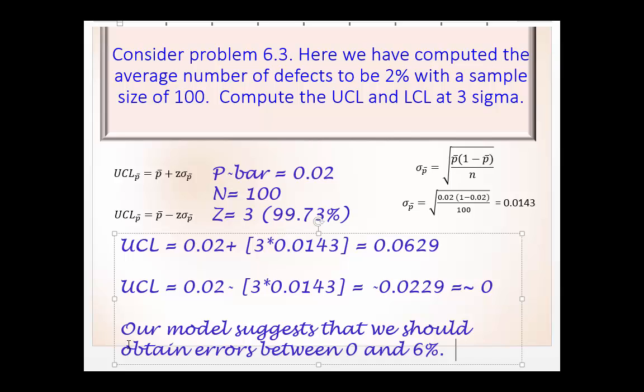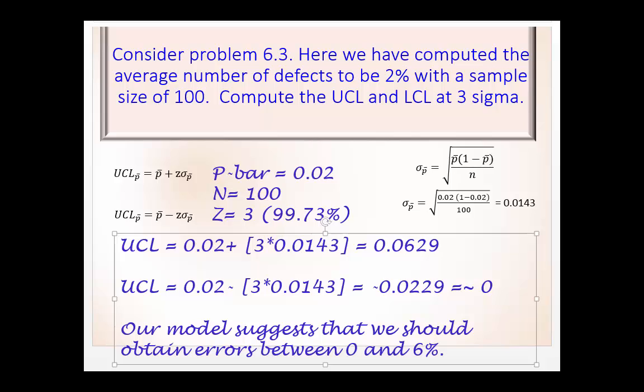Here we have this large sample and we have determined that people make between 0 and 6% errors, and we need to consider that in our decisions. Thus the importance of collecting the data first before we start making rash decisions about people, their performance, or whatever.